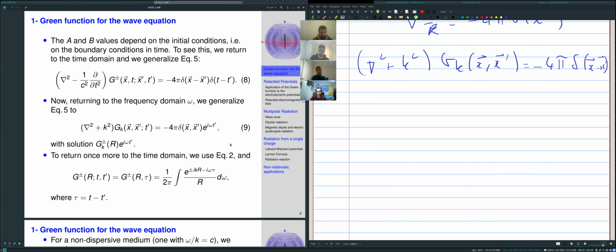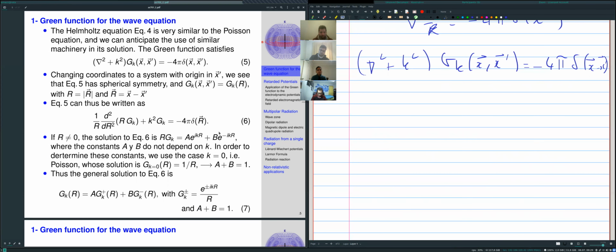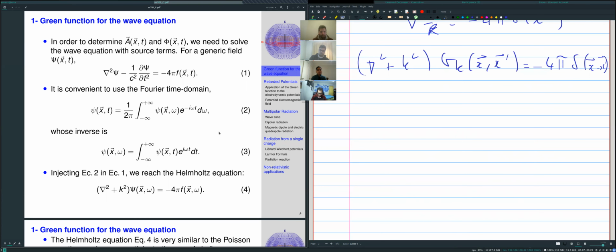So maybe I just want to go back one more time to help you see this. This is equation 1. Okay, and we are solving it in the Fourier domain. So look, compare equation 1 and equation 4.